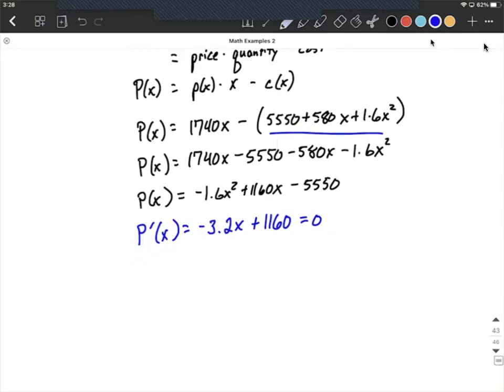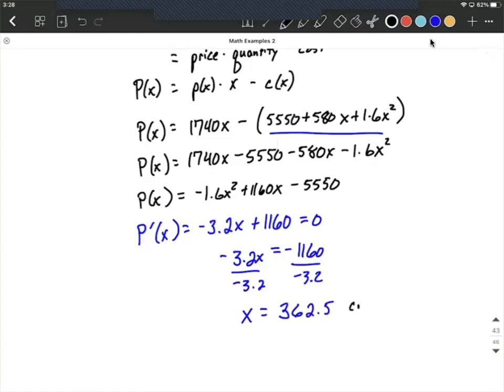So we'll go ahead and subtract the 1160 to the other side and divide both sides by negative 3.2. So that'll get us X on one side all by itself, and we'll get 362.5.